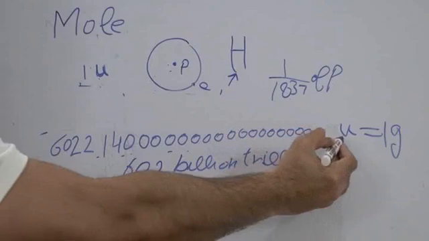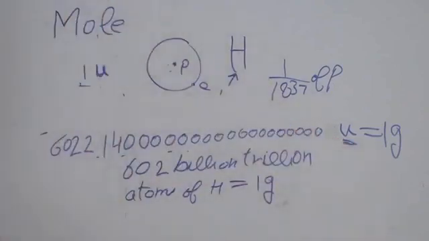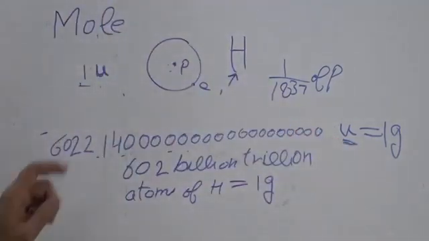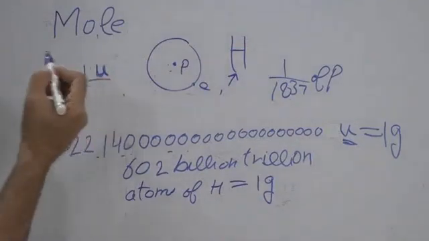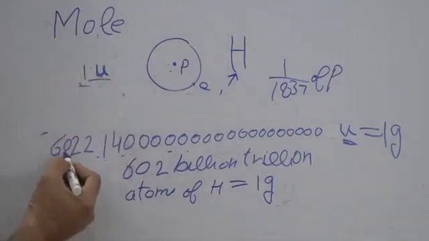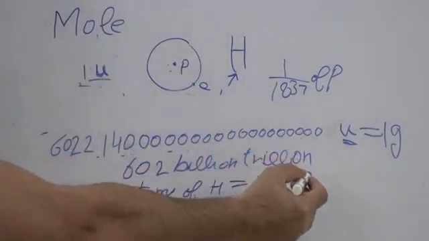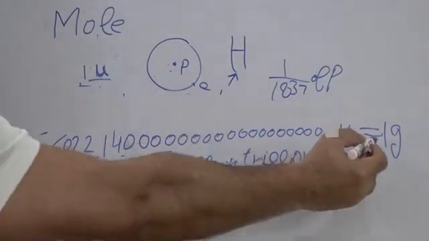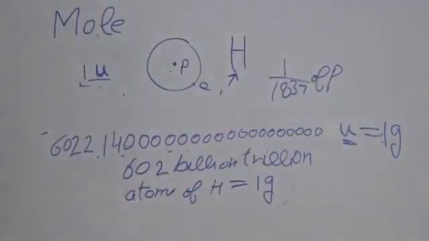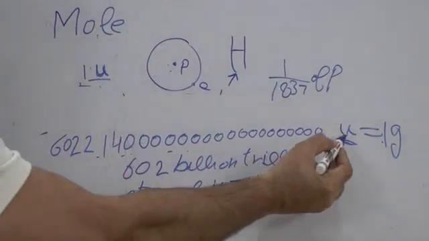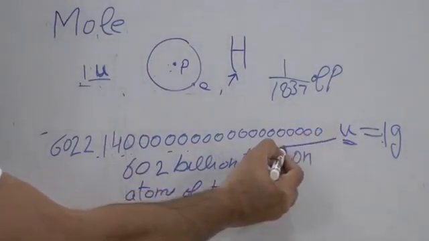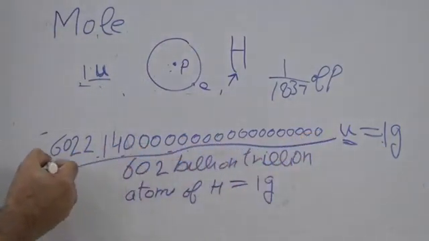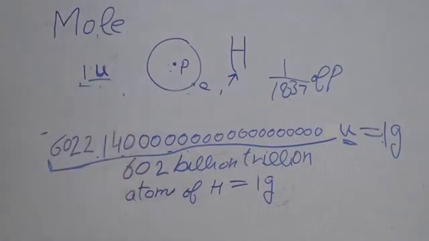This much number of entities, each having mass 1 U, would weigh approximately 1 gram. And this is a very big number. It is not convenient to write it repeatedly in calculations.